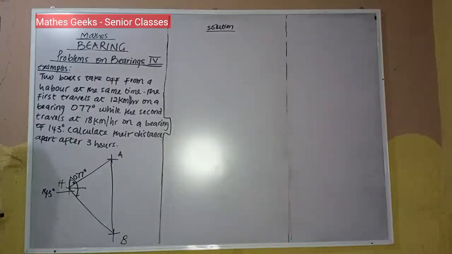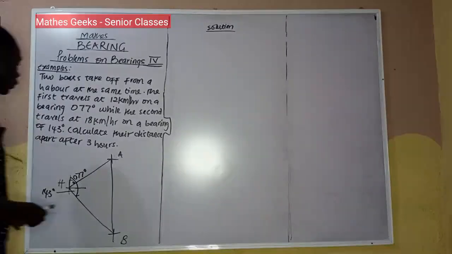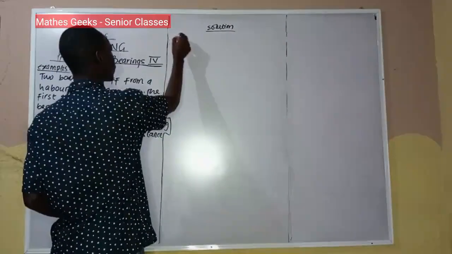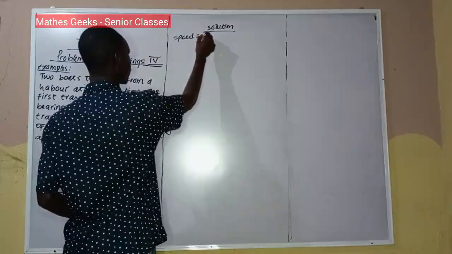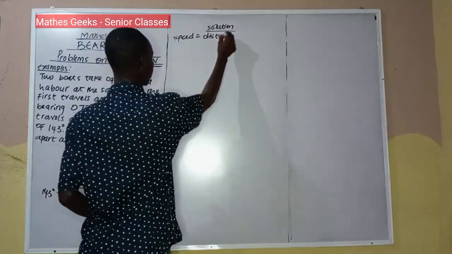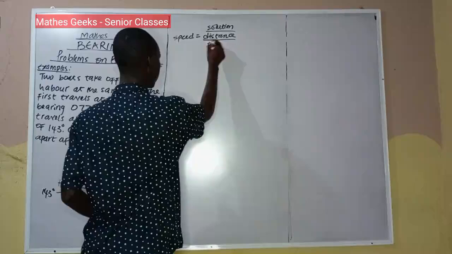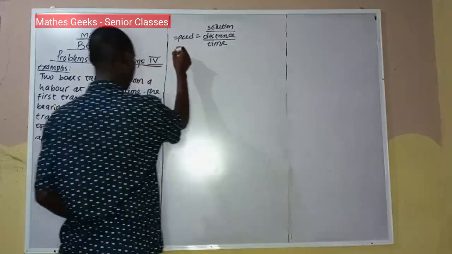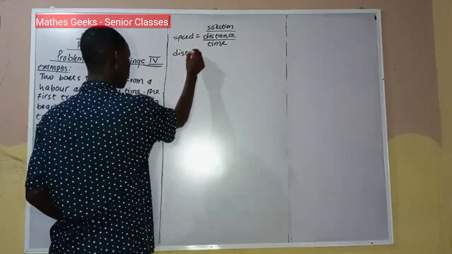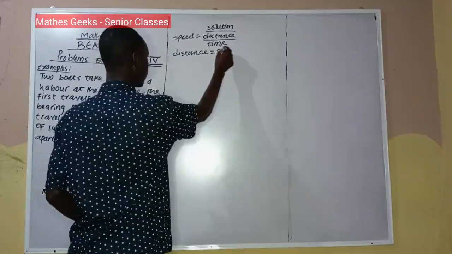To get the distance, we're going to say speed is equal to distance over time. So distance is equal to speed times time.